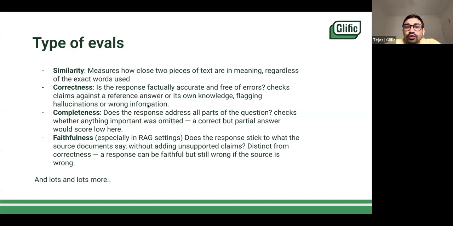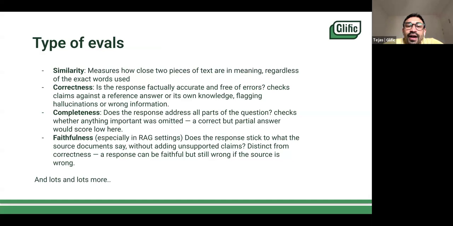And then we know the need for it. There are also many different types of eval. This umbrella is huge. There are lots and lots of different things that we can evaluate on AI. Some examples: it can measure similarity, how close two pieces of information are. If we run an evaluation, we can get how similar two answers are.